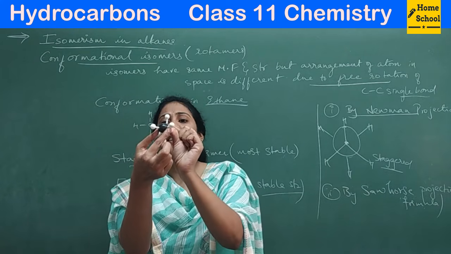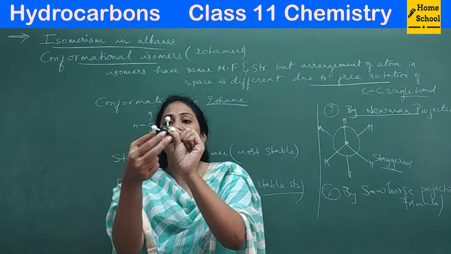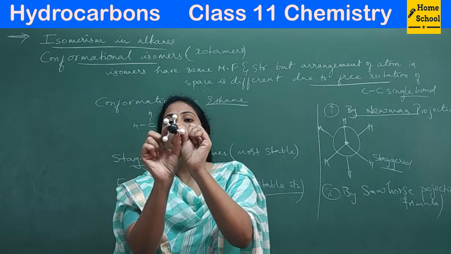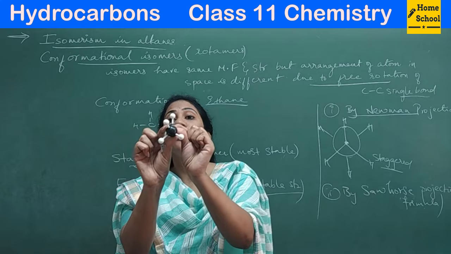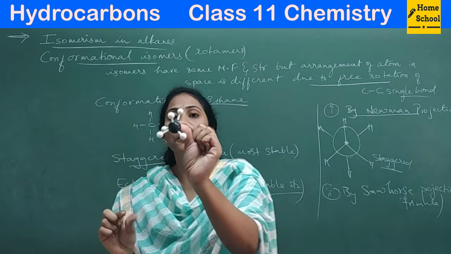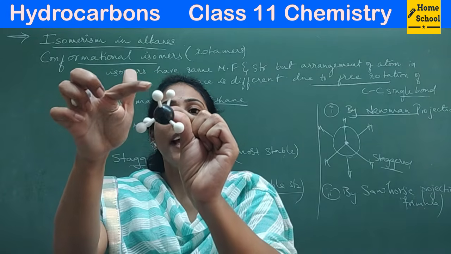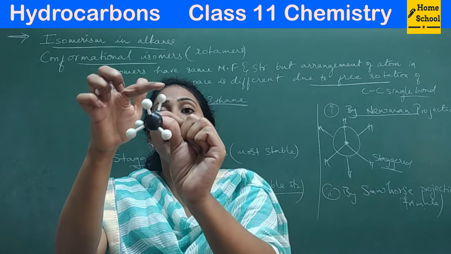Now as I rotate a bond, the staggered conformer will get disturbed. It becomes some other conformer. I'm again rotating. It has become some other conformer. I'm again rotating. It has become some other conformer. And now you see this. Hope you can see this. Actually you don't have enough distance between this bond and this bond, right?